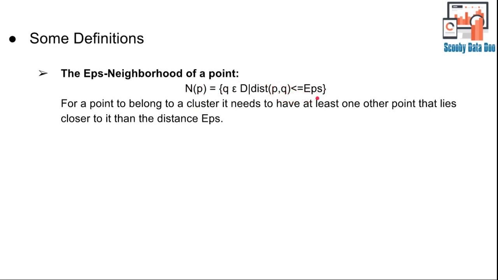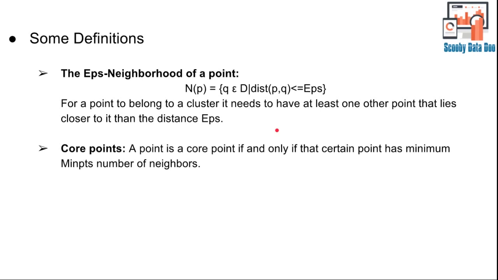We have to set some EPS value, and if the distance between two points is within that value or less, then we can say they are sharing neighborhood with each other.